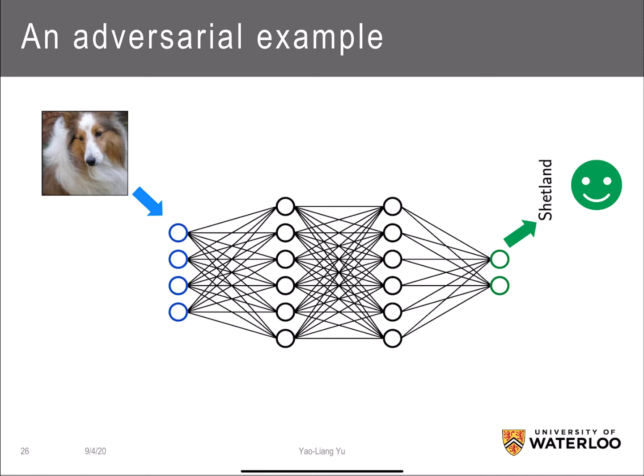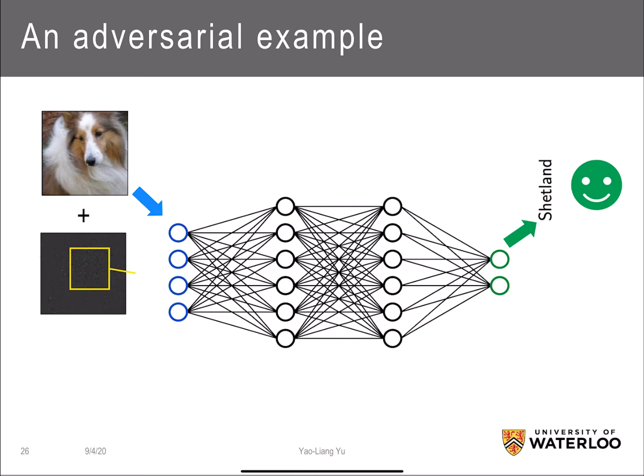So now, given that you already have a very accurate machine learning model, an adversarial example is where we try to attack the model. So what I'm going to do is take the original input where the machine learning model actually predicted correctly.